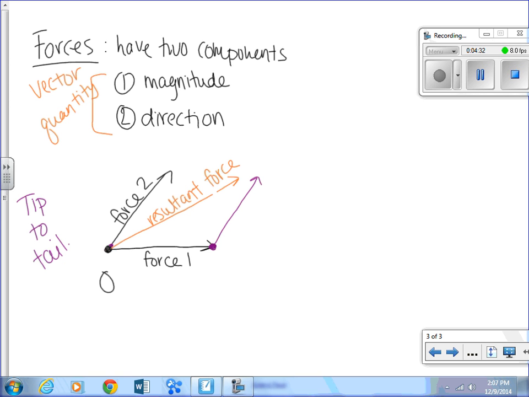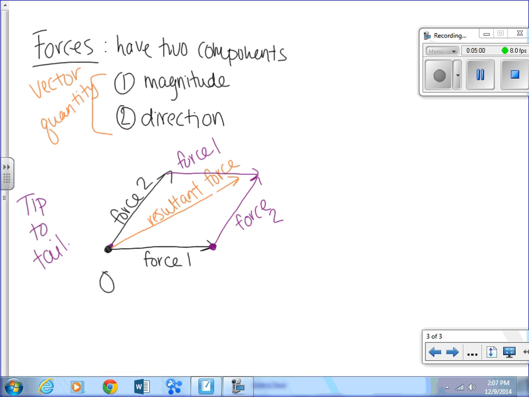What I'm constructing right now is a parallelogram. If I took both of these forces and moved them so they're tip to tail with each other, I get a quadrilateral, that's a parallelogram. Force 2 in black is parallel to force 2 in purple, and force 1 in black is parallel to force 1 in purple.